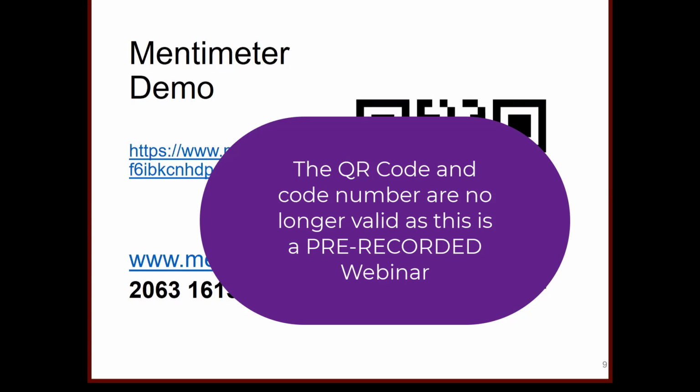If you are on 2 devices, so maybe you're on your computer and you have a mobile device available, you can take your camera and scan the QR code. If you did not click the link and you just opened a browser, you can go to menti.com, www.menti.com, and put in our presentation code. So you have 3 ways, but the easiest way to access is going to be the link in the chat, and that's the one with menti.com/F6IBK, that one.